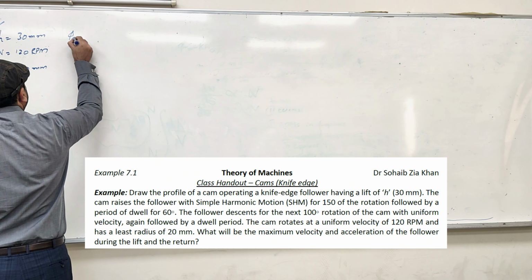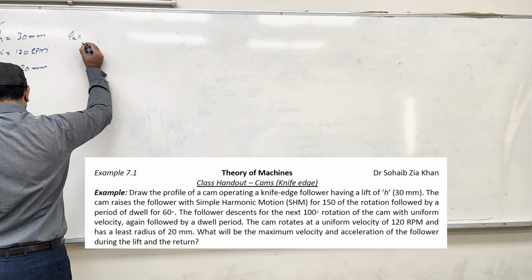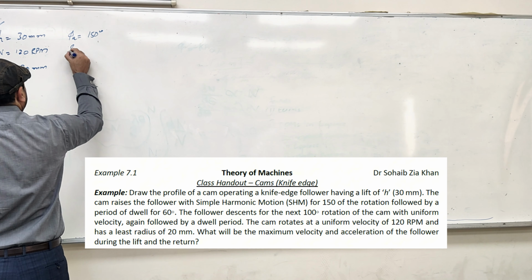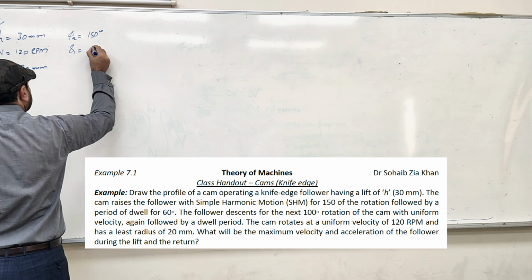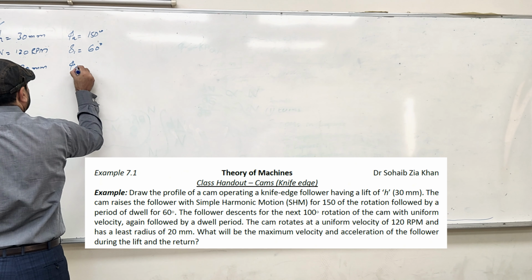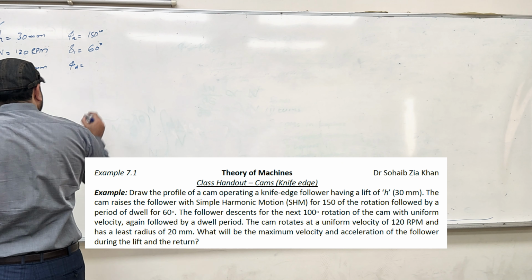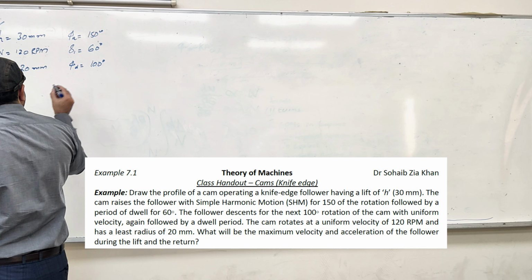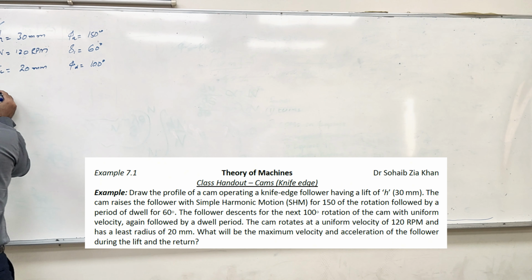Then we have phi when going up, 150 degrees. Then there is a dwell, which is 60 degrees. Then it's going down, or descent, which is 100 degrees. Can we find out the rest of the angle?